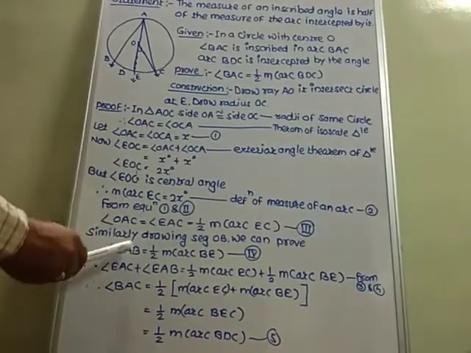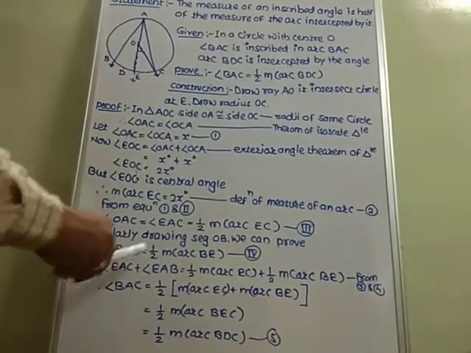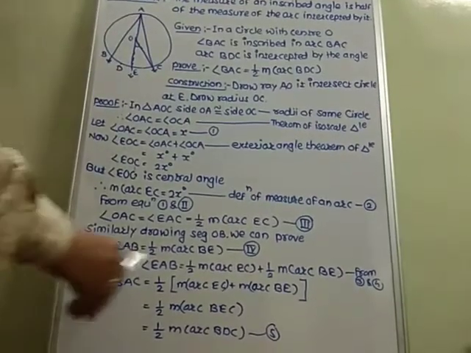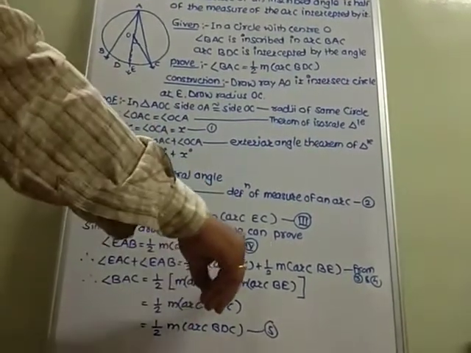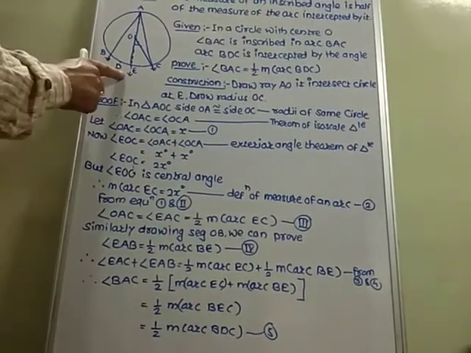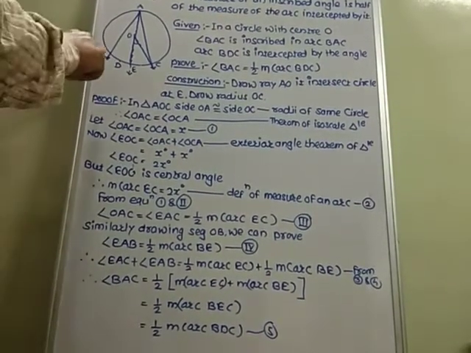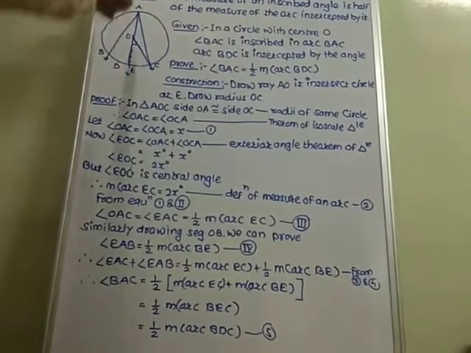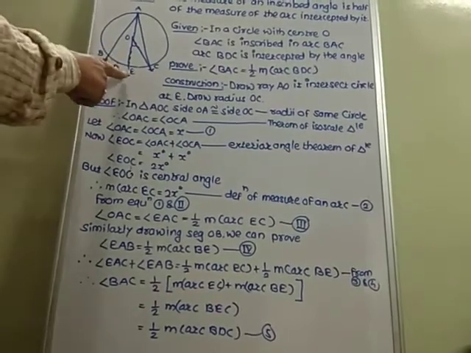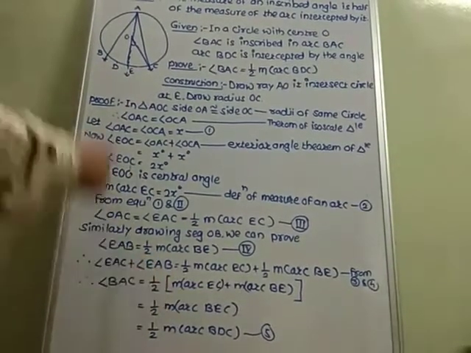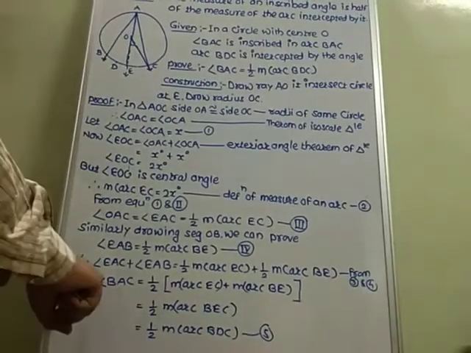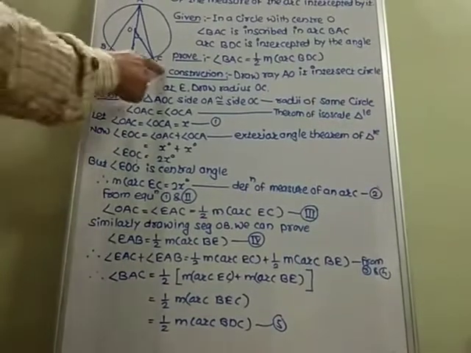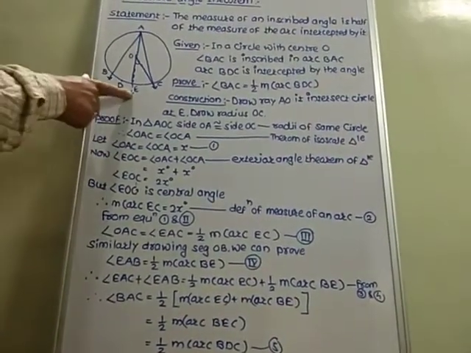From equations 1 and 2, EAC plus EAB is equal to half of the measure of arc EC plus half of the measure of arc BE. From this, BAC is equal to half of the measure of arc EC plus BE, that is BEC, the total arc.